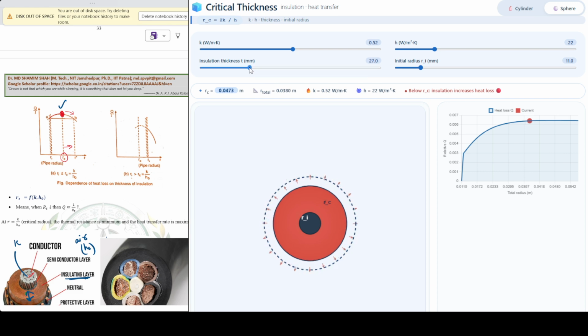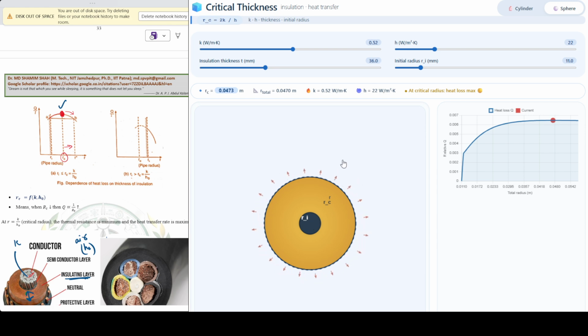First it will increase. See the status showing: insulation increases heat loss. Now it is increasing, and as soon as it overlaps, the heat loss is maximum. This yellow shaded region means the insulation thickness is optimum only up to this level.